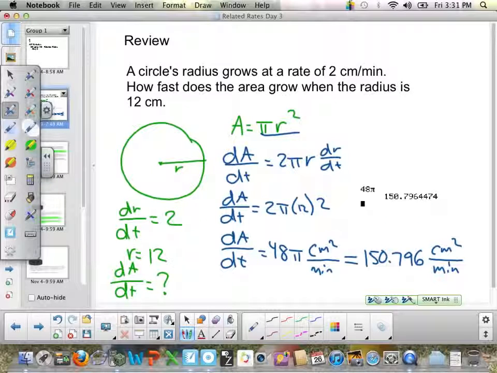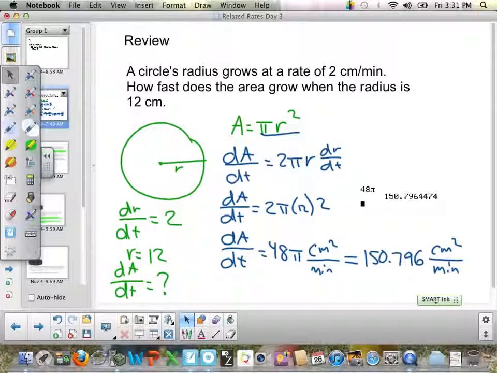For the AP exam, we want exact or rounded to 3 decimal places, rounded or truncated.